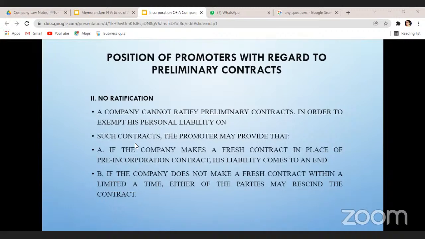If the company does not make a fresh contract within a limited time, either of the parties may resign the contract. The company cannot ratify preliminary contracts in order to exempt his personal liability.